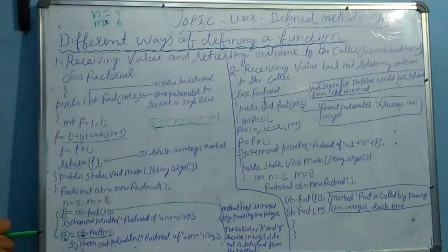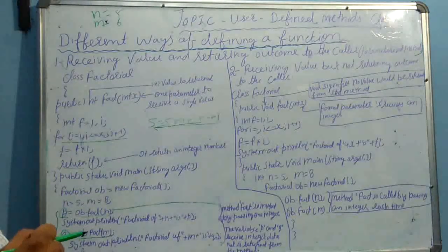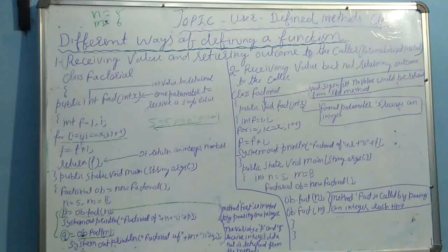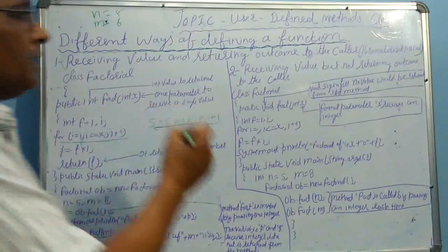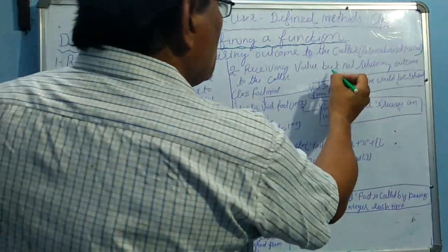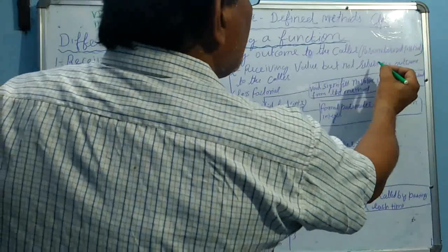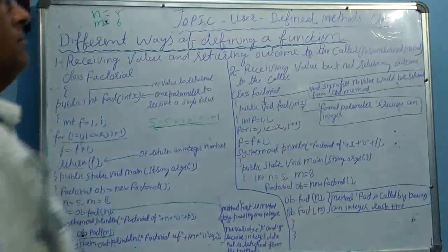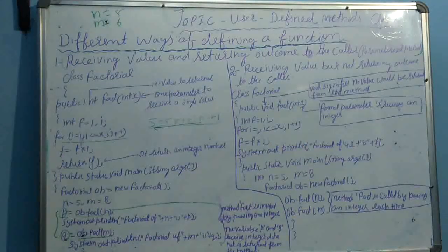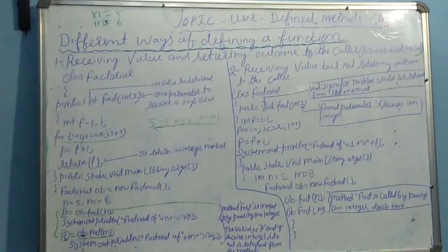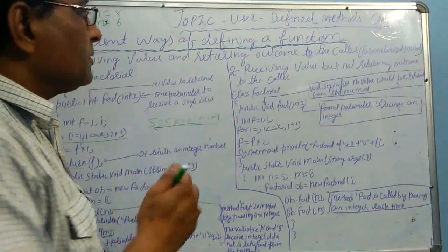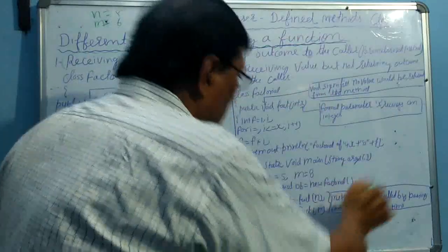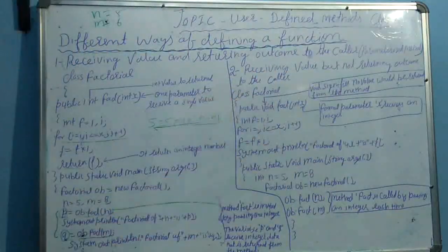Okay, now we will discuss the second. The second method is receiving a value but not returning an outcome to the caller. Observe this body. First of all, see the program. What is the change?